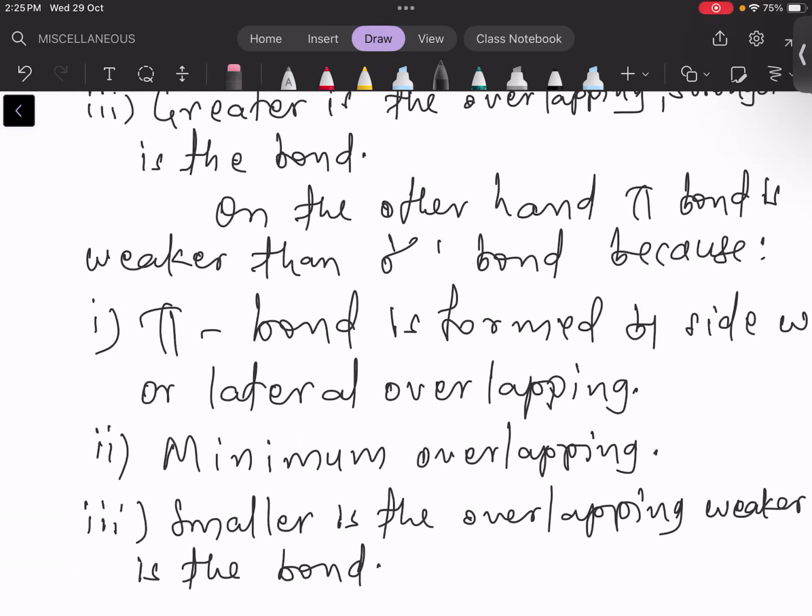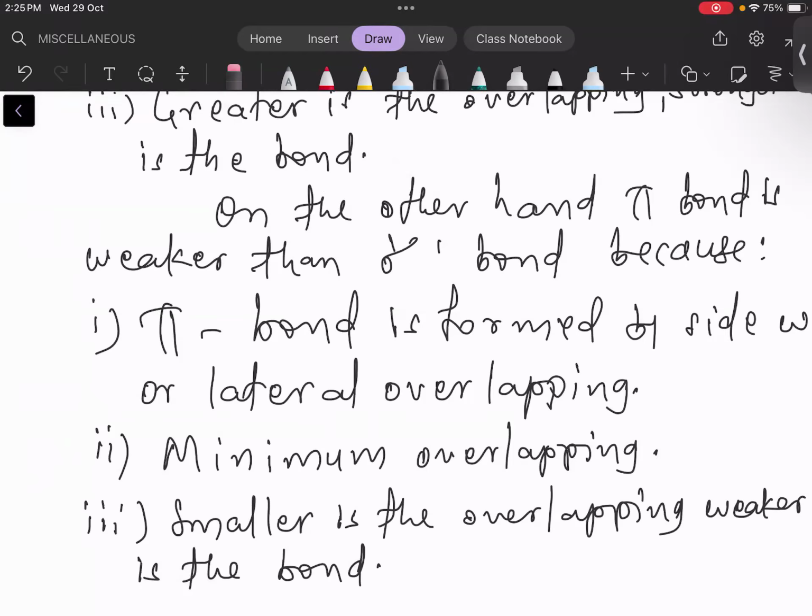Then the last point we'll study is distinguishing between sigma and pi bonds. Of course, dipole moment is one more point left, and that will complete it.